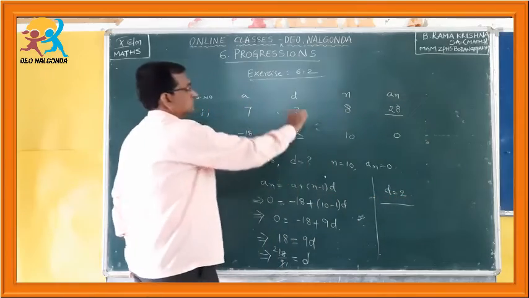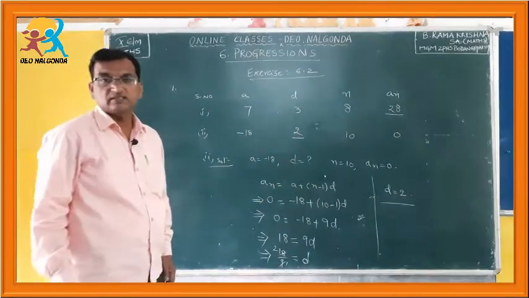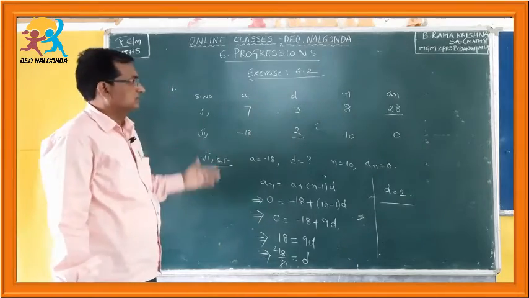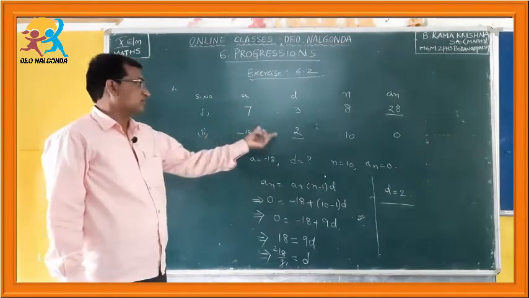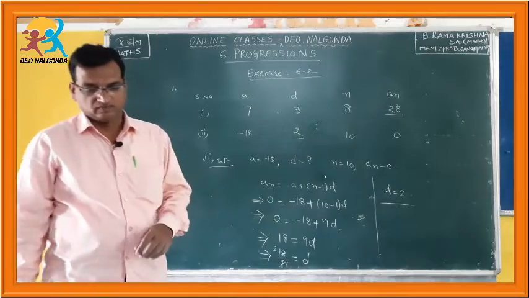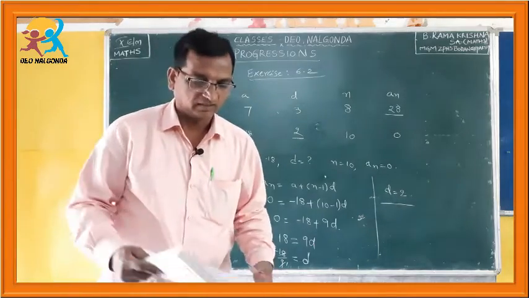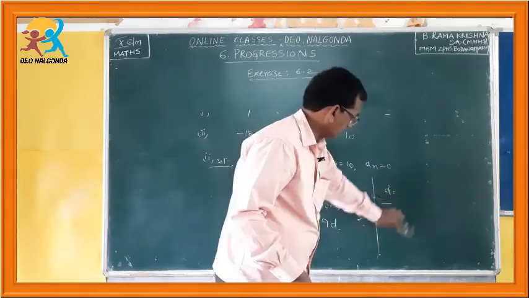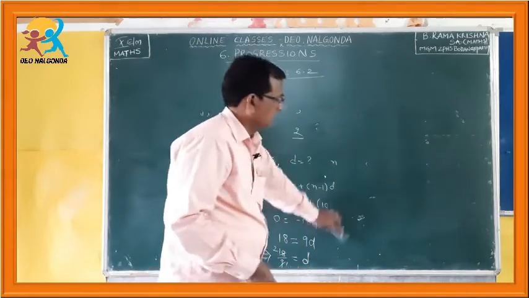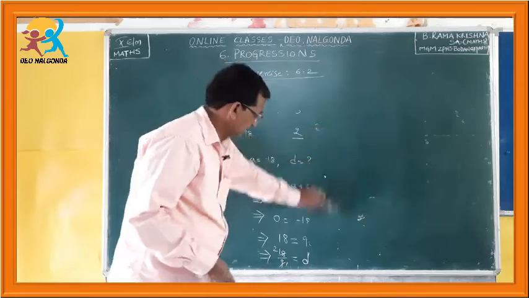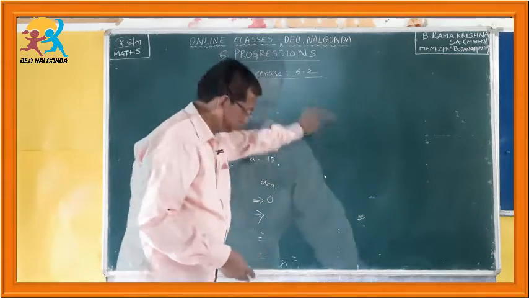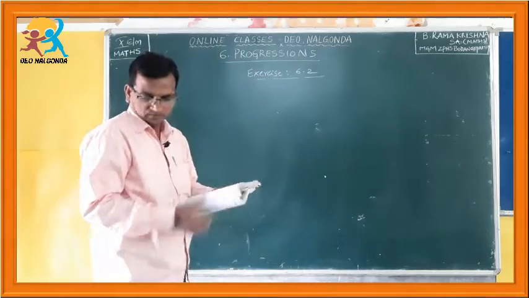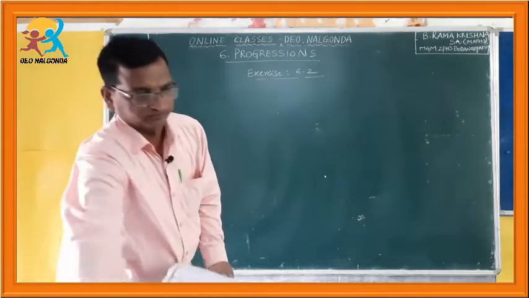Ultimately, the answer is 2. The common difference is 2. Like this, you can find the missing values in the first question given in your second exercise. You try to solve all those things which were given in the first problem, which I didn't do. Next, we will move on to the second question.